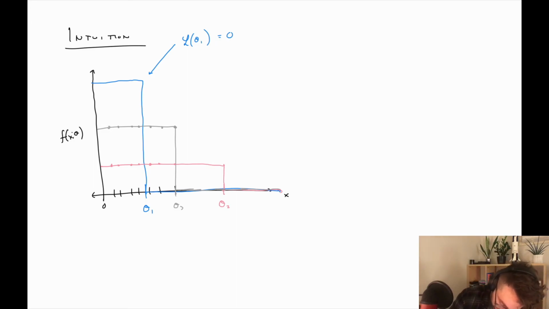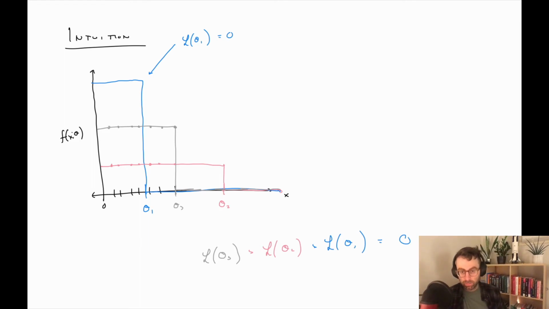So what that means is that the likelihood of theta 3 is bigger than the likelihood of theta 2, which is definitely bigger than the likelihood of theta 1, which is equal to 0. So hopefully you can see that theta 3 here is the MLE, and any theta to the left of it, which is lesser, will have a likelihood of 0, so we don't need to consider it. And anything to the right of theta 3 will have a lesser likelihood.